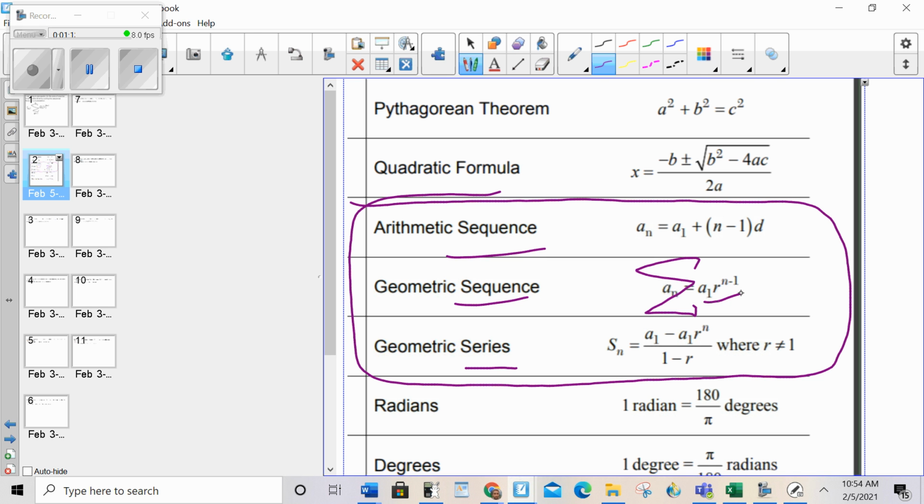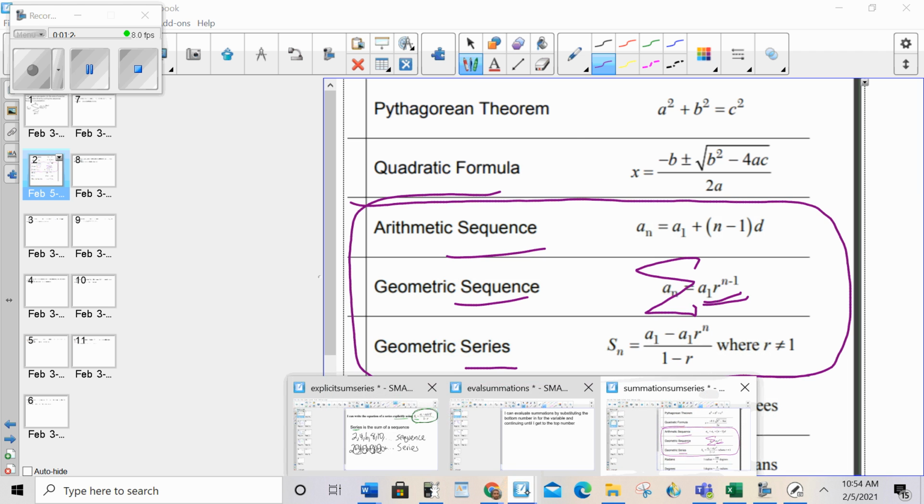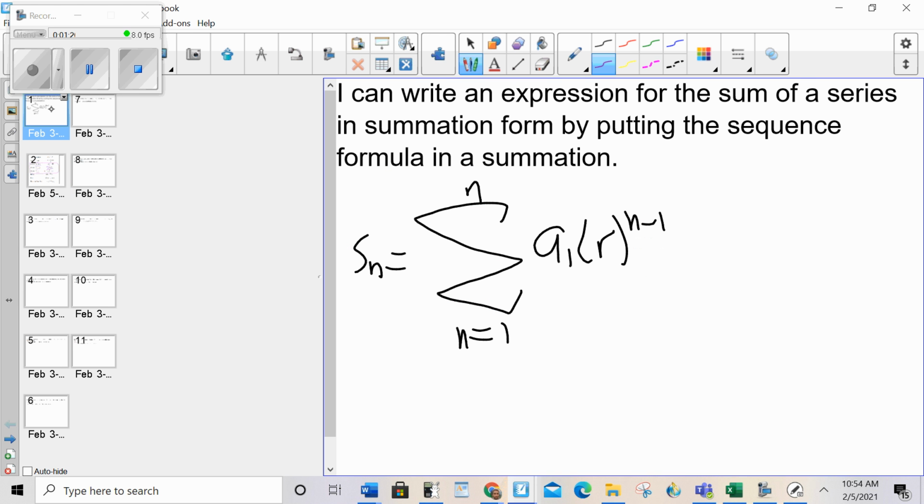That's literally what I'm doing. It's the sum of a sequence. That's what a series is. So I'm taking the sequence formula and putting it in a summation. That's how we're going to do this lesson in summation form.